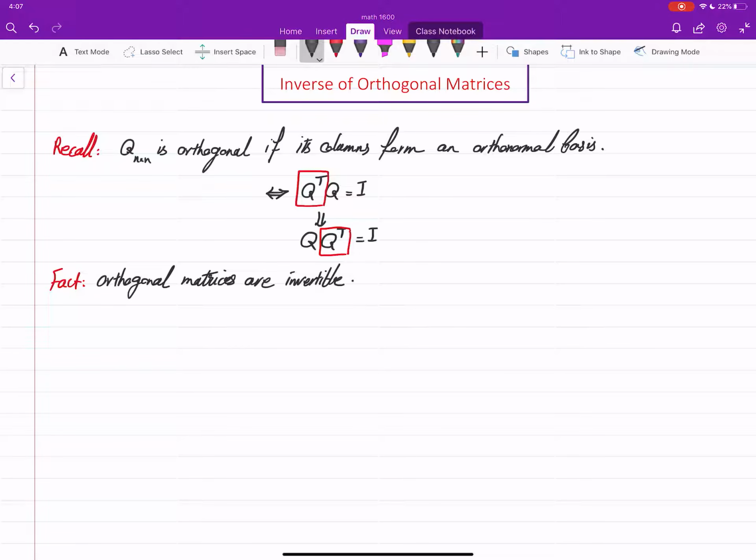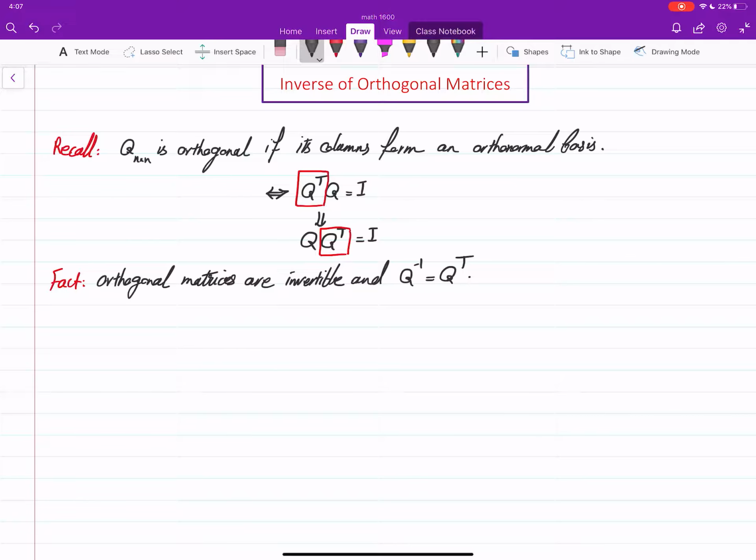And what we showed here is even more: the inverse of an orthogonal matrix is just its transpose. Well, actually, this is if and only if. A matrix is orthogonal if and only if it is invertible and its inverse is the transpose of that matrix.